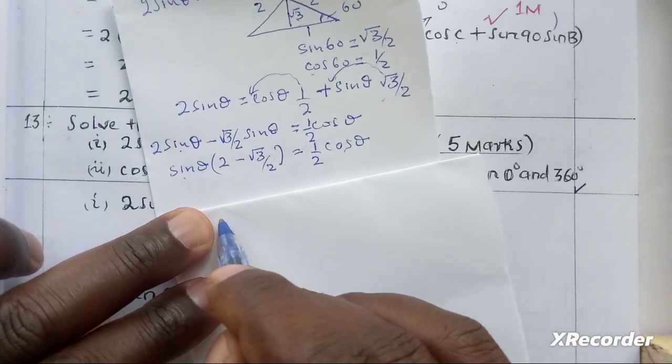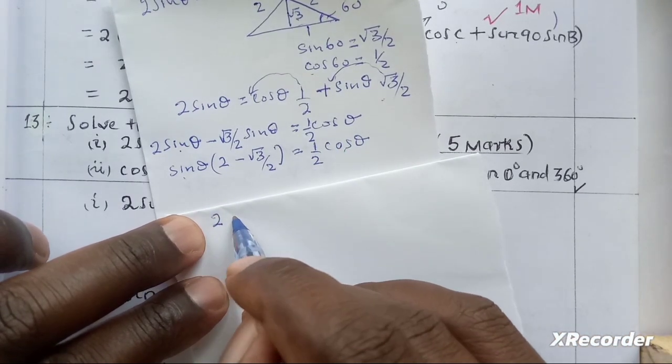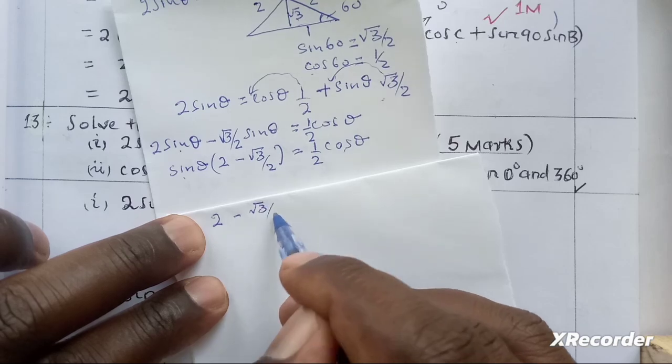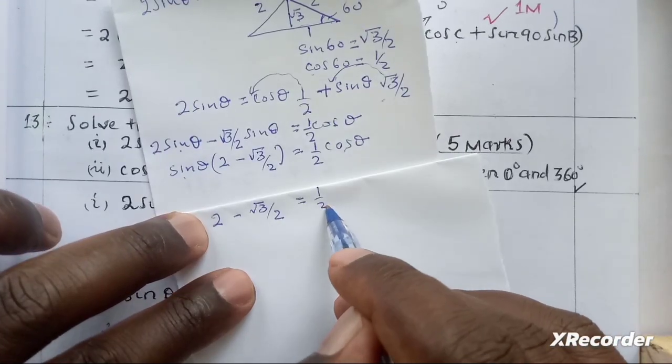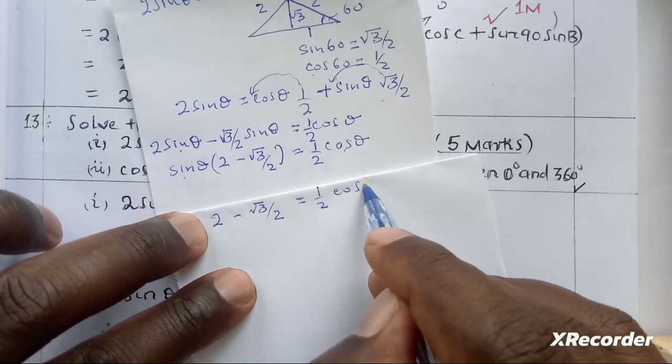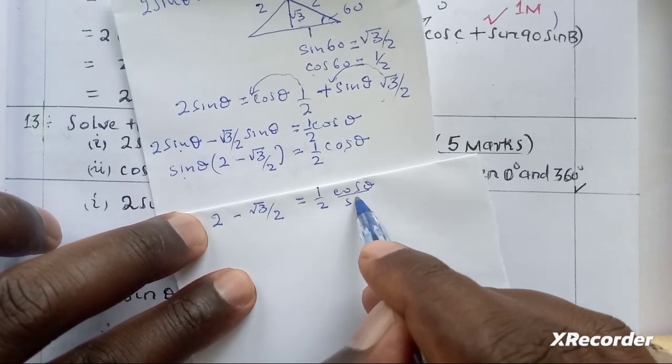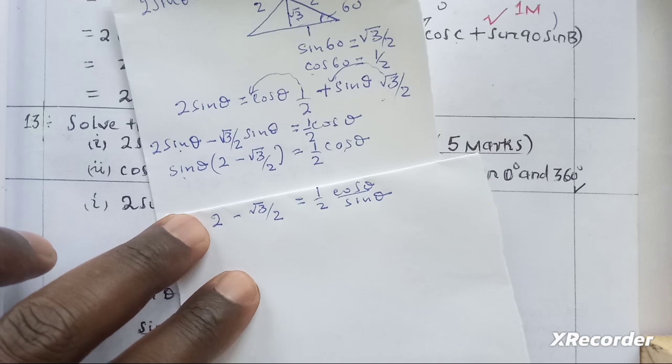So we are left with 2 minus root 3 all over 2 is equal to a half cos theta all over sin theta, like that.